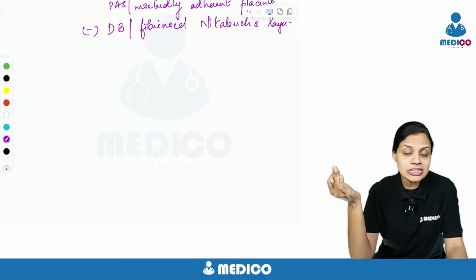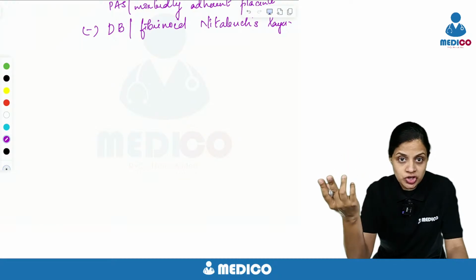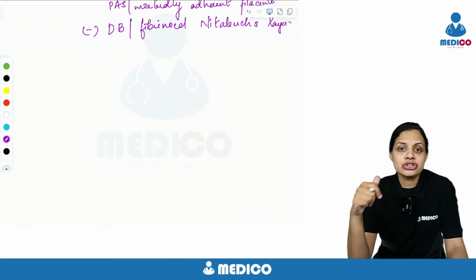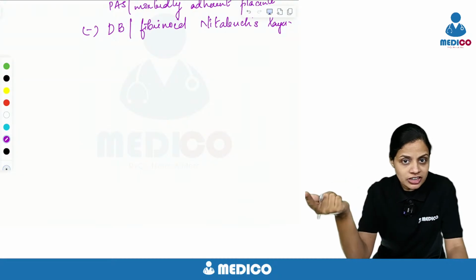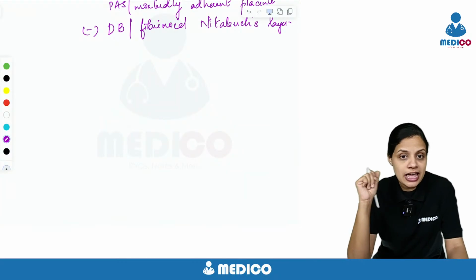This is most commonly associated with placenta previa, or if there has been a previous uterine scar as in a cesarean section or a myomectomy. If there has been a previous scar, there is a high chance of placenta accreta syndrome.